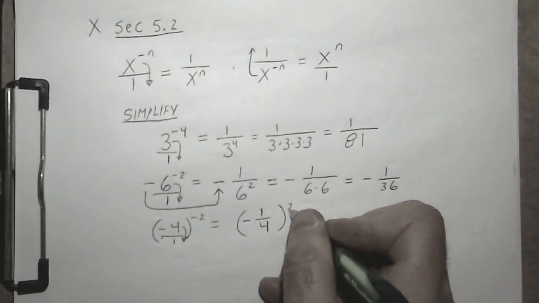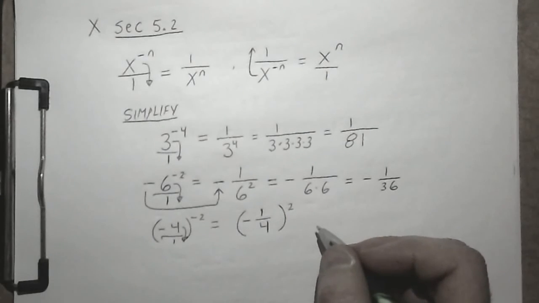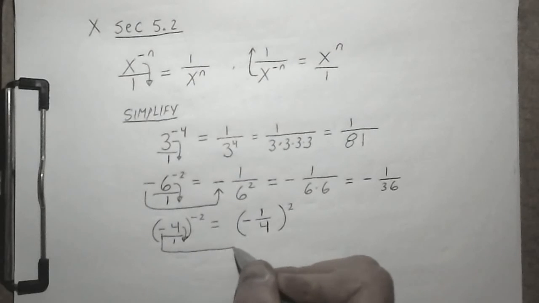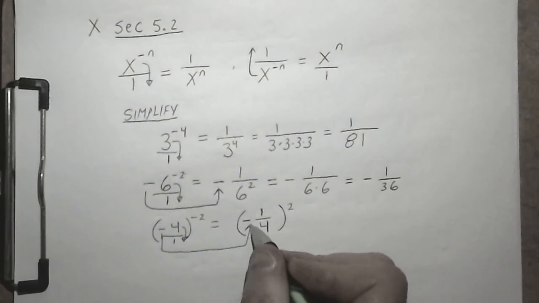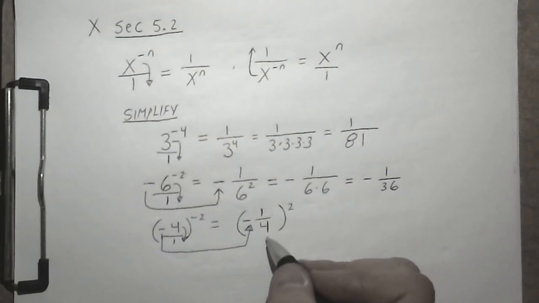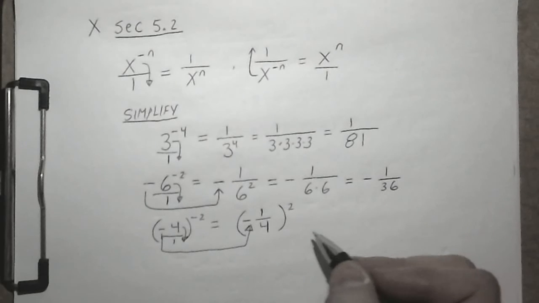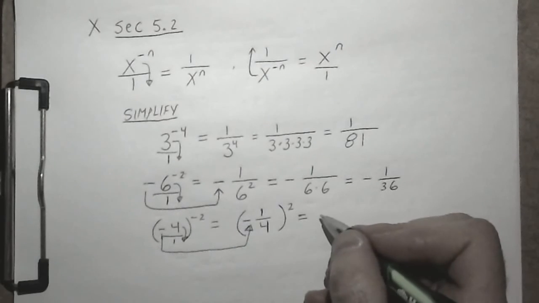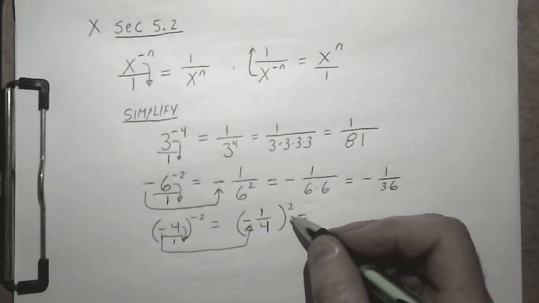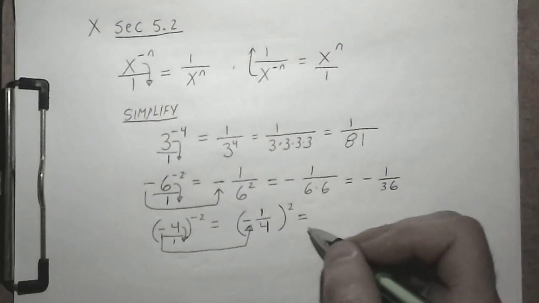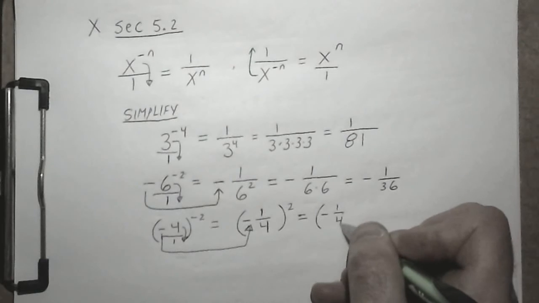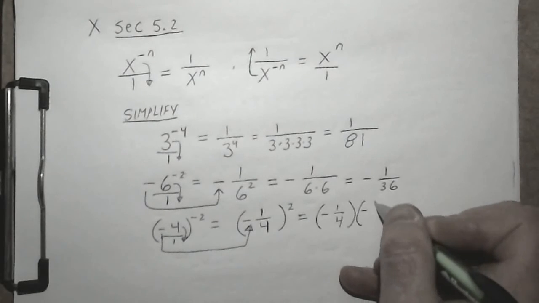raised to the positive 2 power. Notice the negative sign in front of the 4 still is present after flipping the 4 down into the denominator here. And so what we would have now is negative 1/4 squared, which is really saying negative 1/4 times negative 1/4.